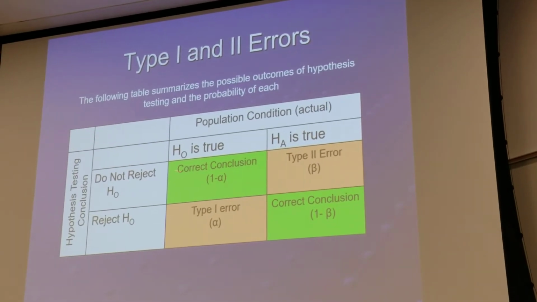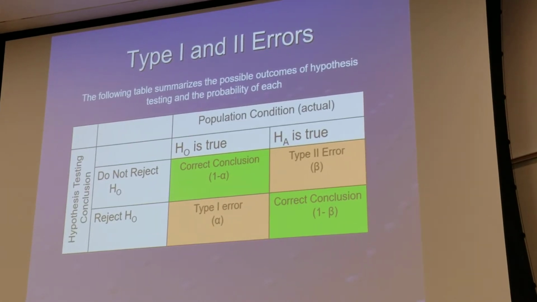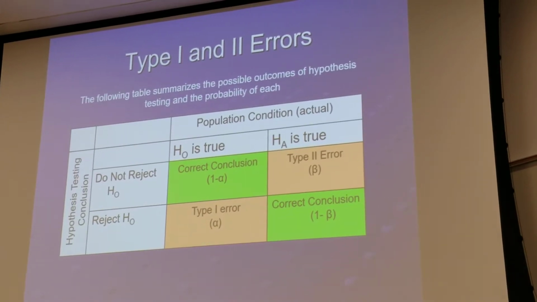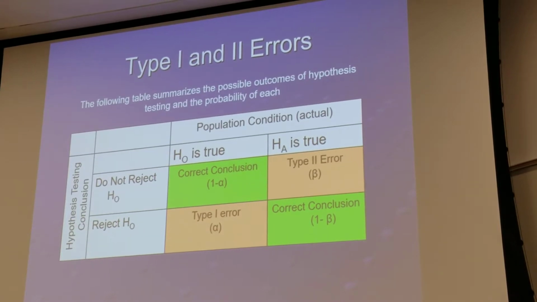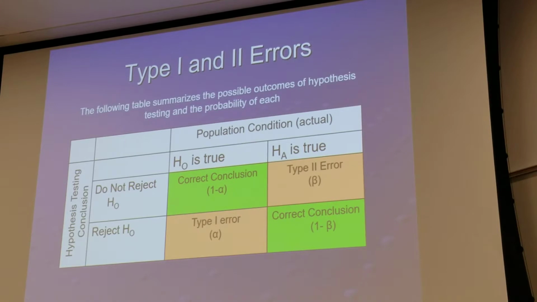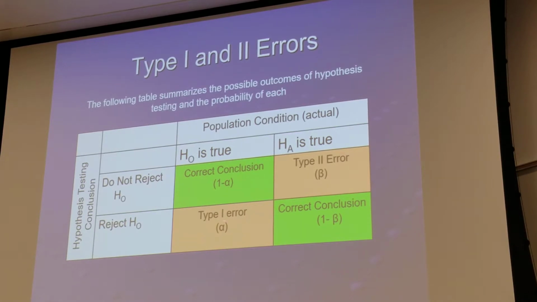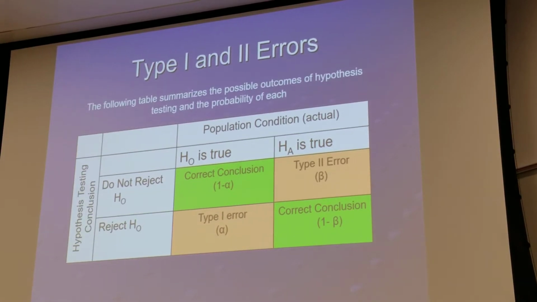You will do that 1 minus alpha of the time. So 95% of the time, 99% of the time, you will do that correctly. If the null is true, but your decision was to reject it, that means you made a mistake. It's called a, what kind of error? Type 1. Okay, you made a type 1 error, alpha of the time.